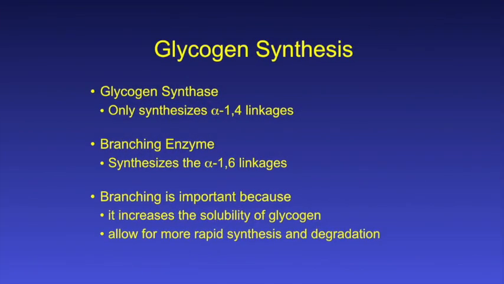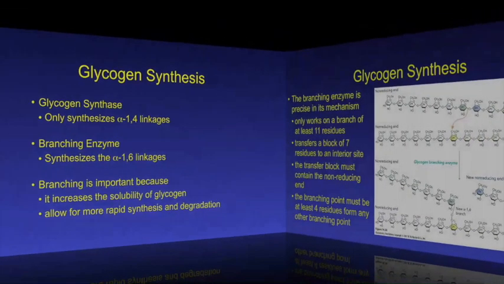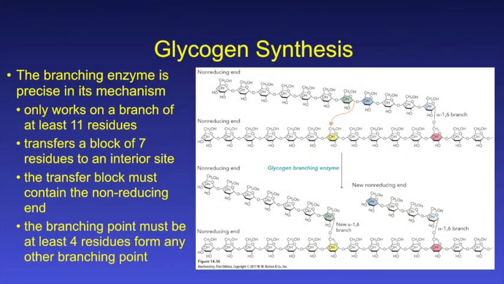The branching enzyme synthesizes that alpha-1,6, but the branching enzyme is really picky. Kind of like Chem21, it has to have the exact thing to work. Okay? And so these are the criteria. It only works on a branch of at least 11 residues.